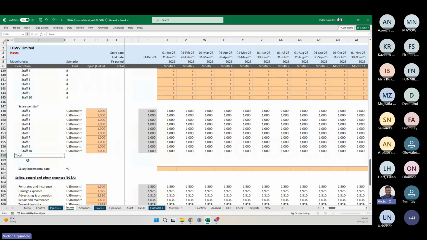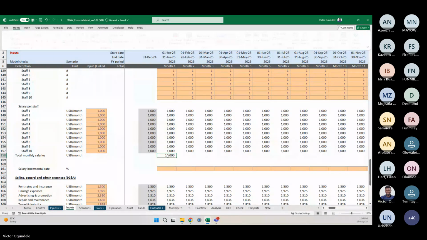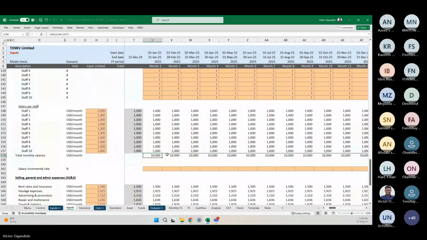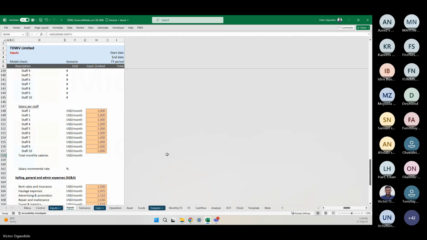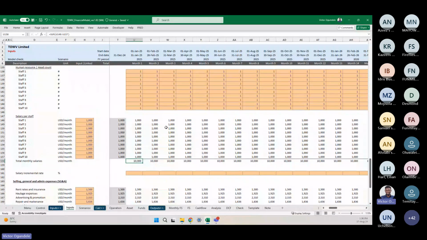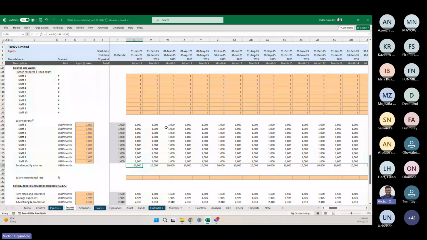So let's say total monthly salary. Let's add the total, we're just doing a summation below it. So with this, they can know that yes, on a monthly basis, this is the average salary we expect to pay out.